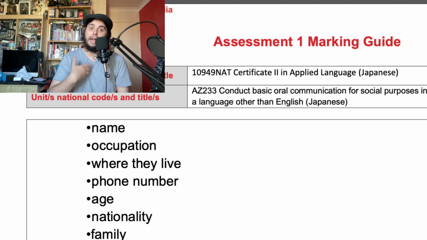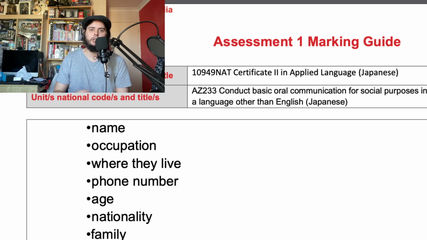As for my age, I'm currently 24, which is thus pronounced nijuuyon. And I can't remember if I put desu or anything. I don't think I do. I'm pretty sure there's a particular particle or something that comes after that, but I can't remember at the moment.